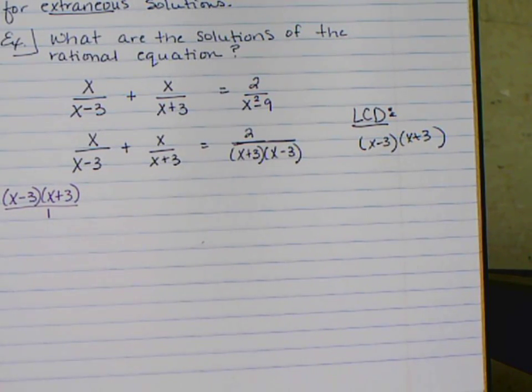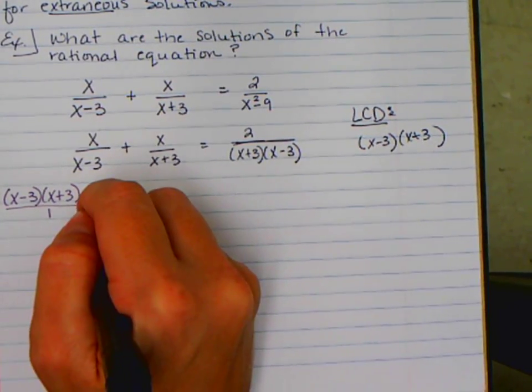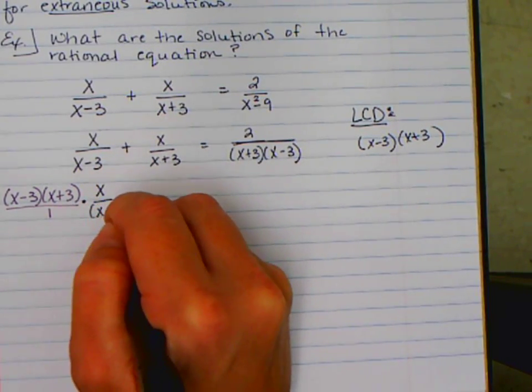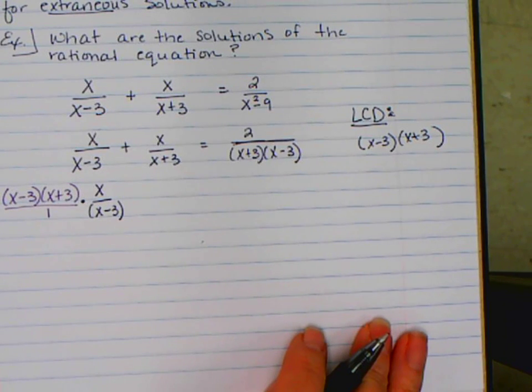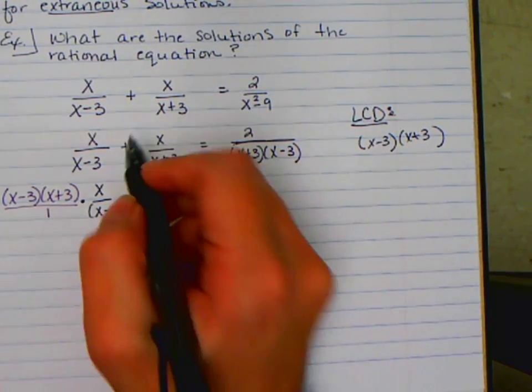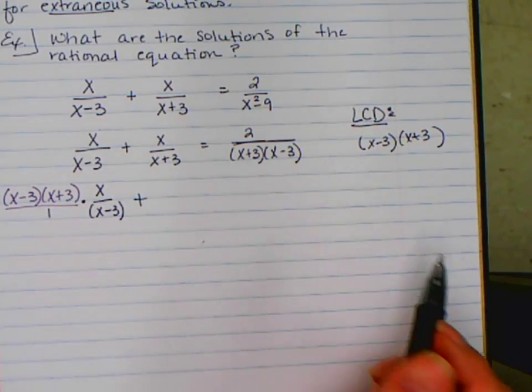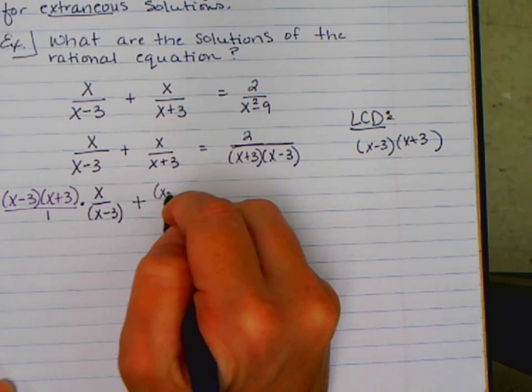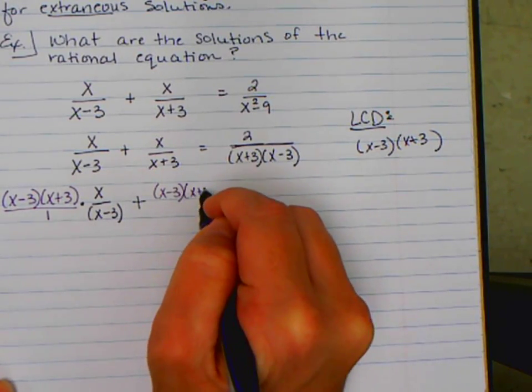Which you don't have to do, and I'm multiplying that by x times x minus 3. Plus, I'm going to multiply this fraction by x minus 3 times x plus 3.